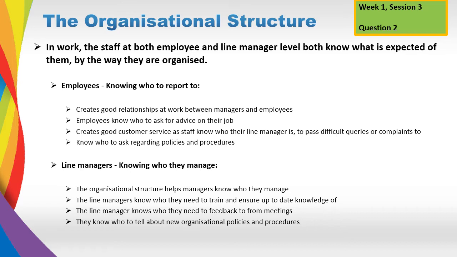They know who to give feedback to from meetings, so perhaps they have been given some stats or KPIs, key performance indicators as they are known in the workplace, and perhaps these need feeding back to the team. They know who exactly they are speaking to because they know who they are managing, and they know who to tell about new organisational policies and procedures because they know directly who they're managing.